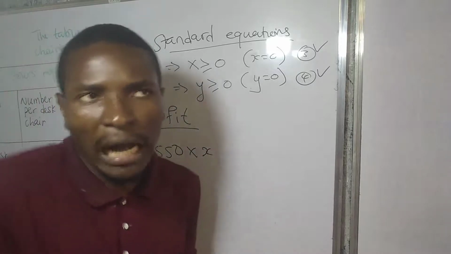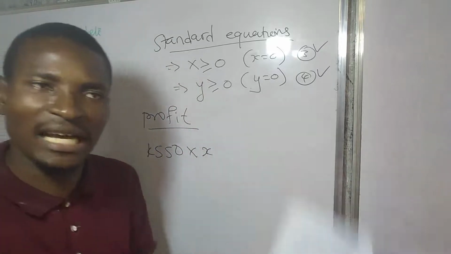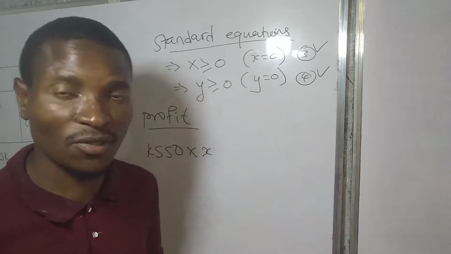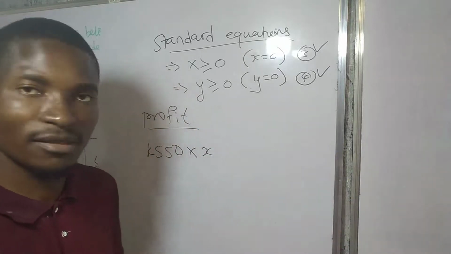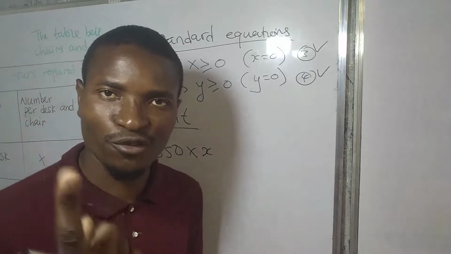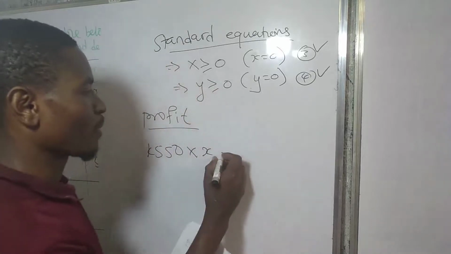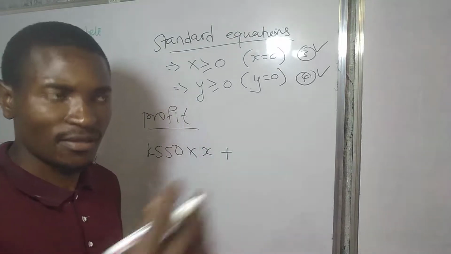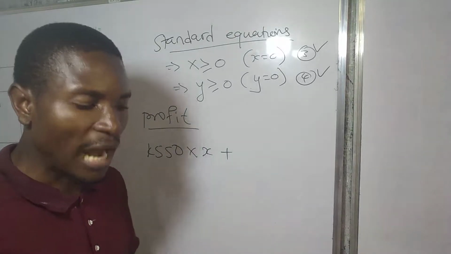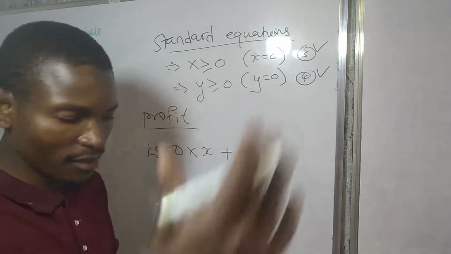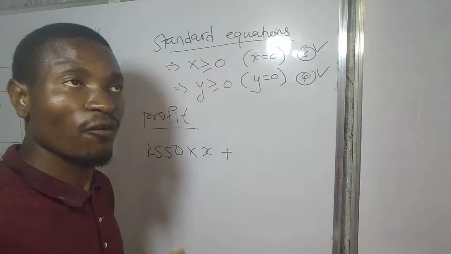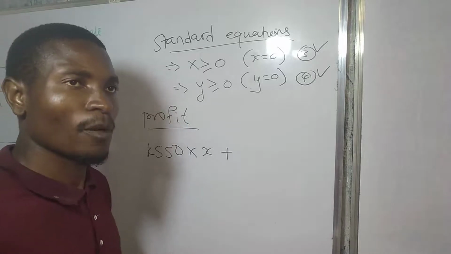So if you want to know how much profit we made for the entire desks that we have, then just count how many desks you have in your workshop, and then multiply by the profit from one desk. Then also plus the profit we're making, as stated in the statement. It was that for the chair we are making 475 kwacha per chair.